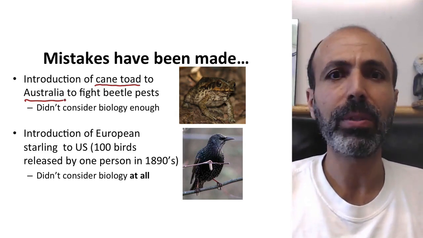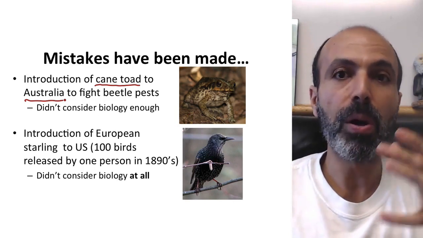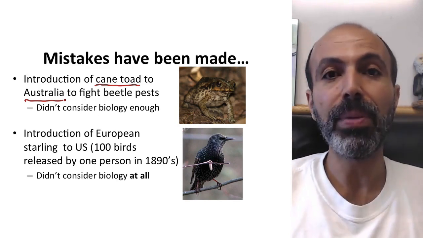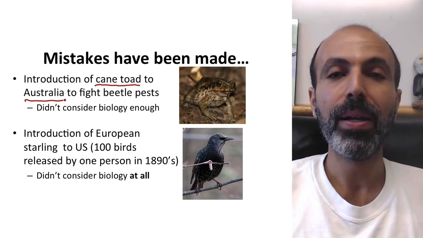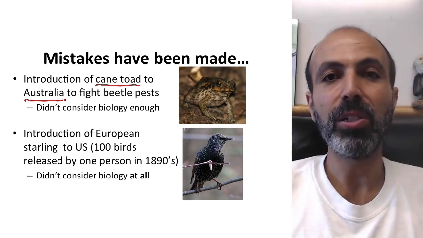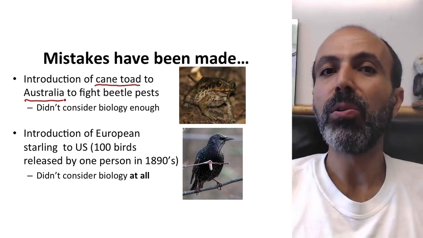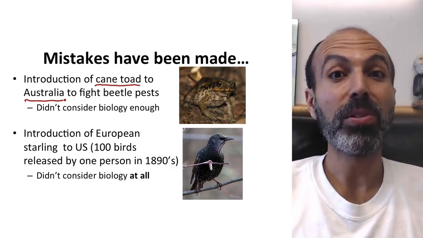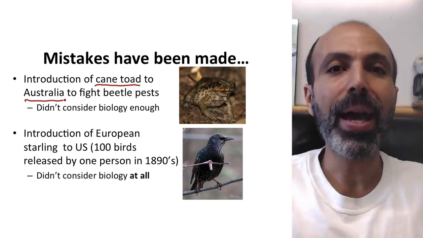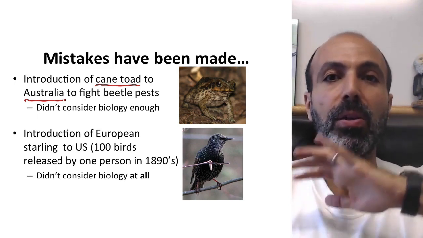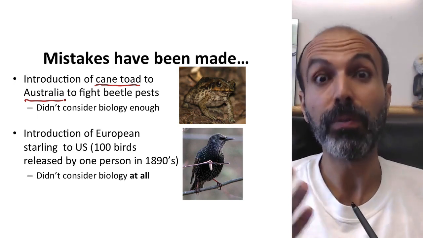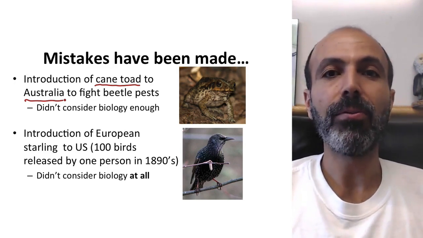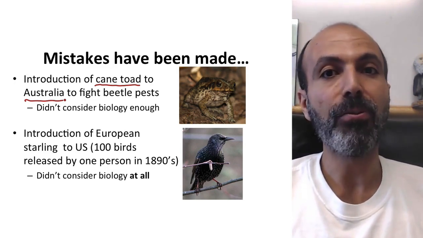I believe it started in something like the 1930s, where they brought over these cane toads to fight beetle pests that were found there at the time. Unfortunately, they didn't consider the biology enough, and there are no good predators of those cane toads found in Australia. As a result, they spread dramatically. They're found now across a huge swath of the country, or of the continent, really, and they've knocked out a lot of the native fauna there.